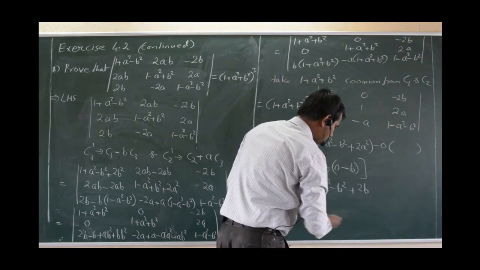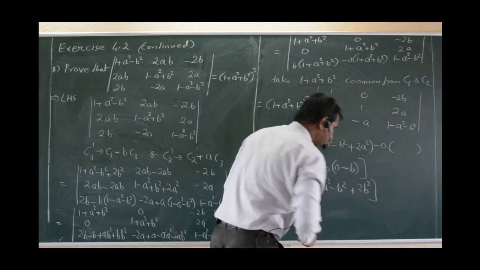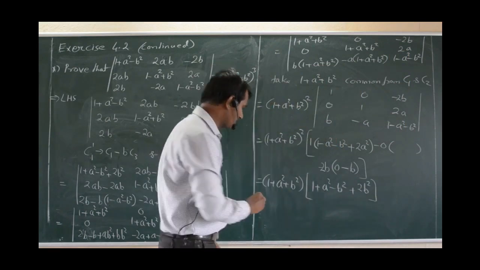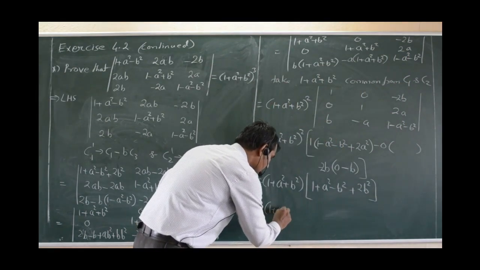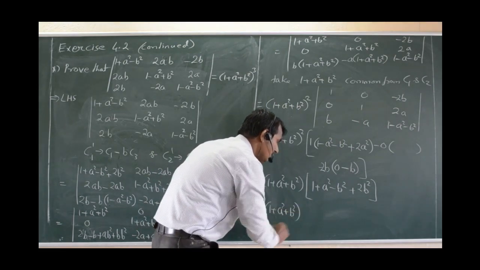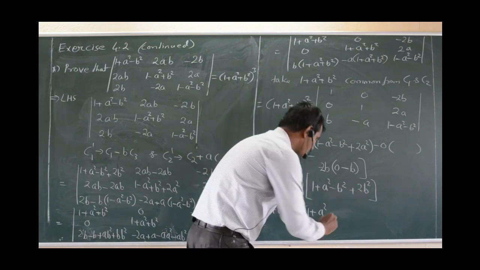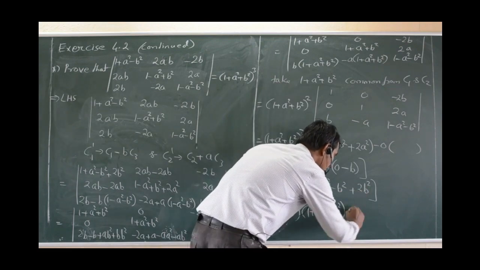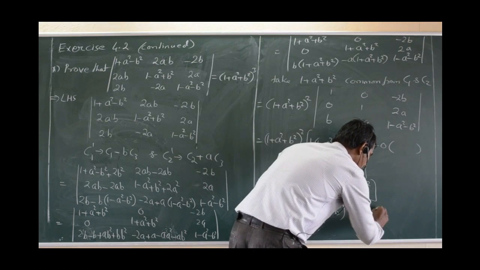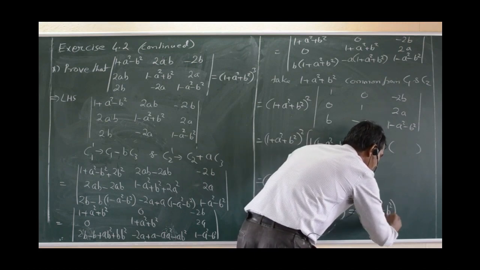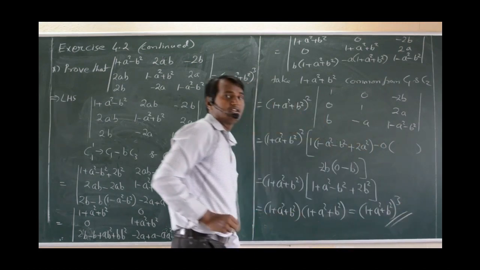That means we get here 2b square. In the last step we can observe 1 plus a square plus b square into the bracket 1 plus a square minus b square plus 2b square, the value is b square, and hence we get 1 plus a square plus b square whole cube. That is your required result.